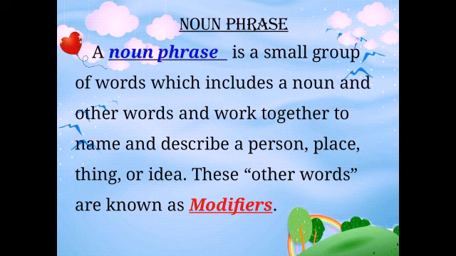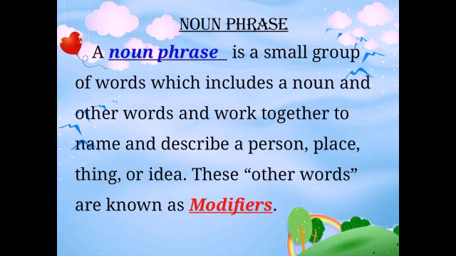It is a group of words. From the name itself, you understand phrase. So it is a group of words. And what does that group include? It includes a noun. And the other words in that phrase, those words are known as modifiers. Those modifiers help you to describe that particular noun.